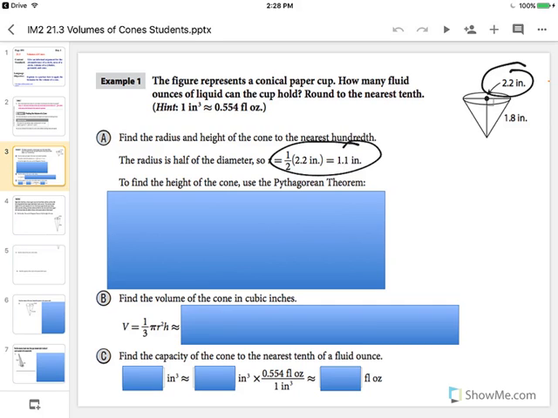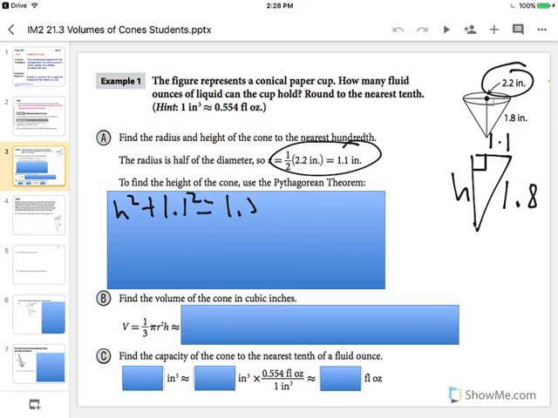To find the height of the cone, we can use this drawing. This is the right angle. The radius is 1.1 and the hypotenuse is 1.8. So by the Pythagorean theorem, height squared plus 1.1 squared equals 1.8 squared, so height squared equals 1.8 squared minus 1.1 squared.